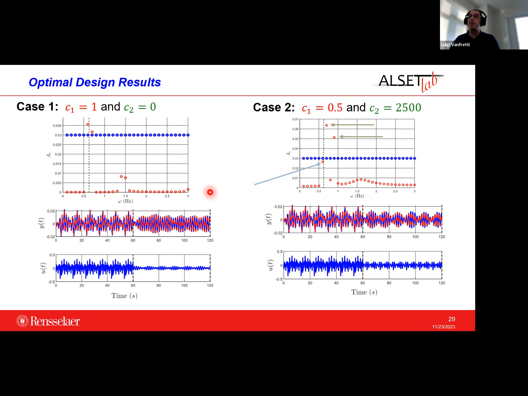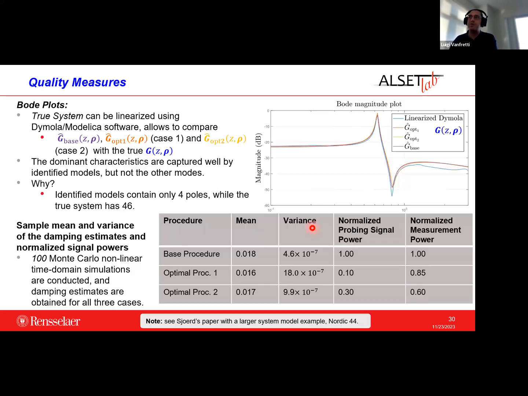Now the question is whether or not we're going to get more accurate results. So here you have some Bode plots because we're using these nice modeling tools that I've been developing for more than 10 years. We can actually have the true transfer function of the system from a linearized model. So that's the blue line that you see here in the bottom.